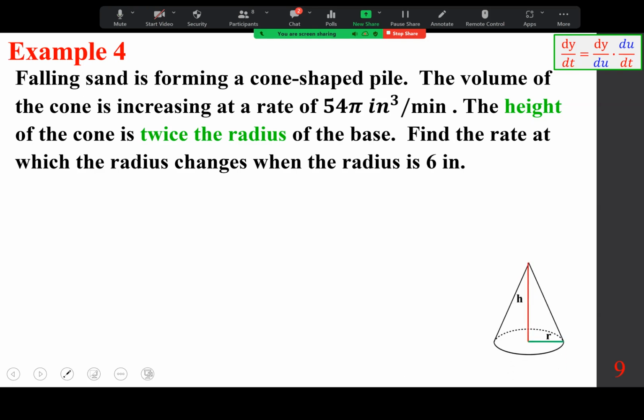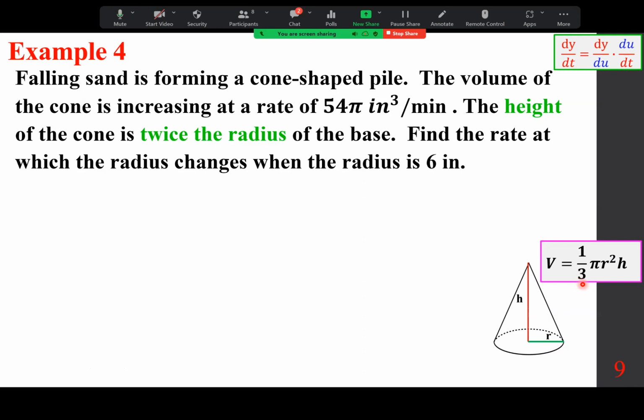Here's a cone, the radius r, the height h, and a piece of information again from geometry or algebra. The volume of a cone is 1/3 pi r squared h. We should have this information. Now, so we have this formula.